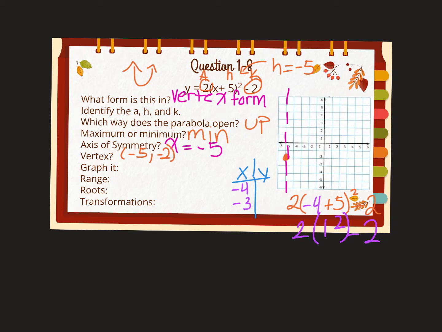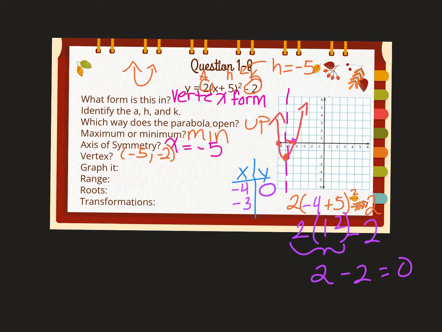So 1 squared is just 1, and 2 times 1 is 2. 2 minus 2 is equal to 0. So when I plug in -4, I get a 0. Because I have an axis of symmetry, if I went 1 box to the right to get there, I need to go 1 box to the left. So that helps me graph that equation right there.